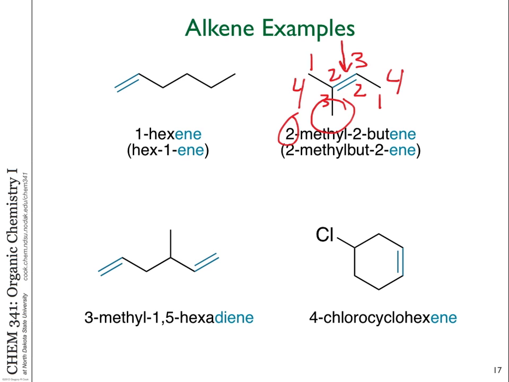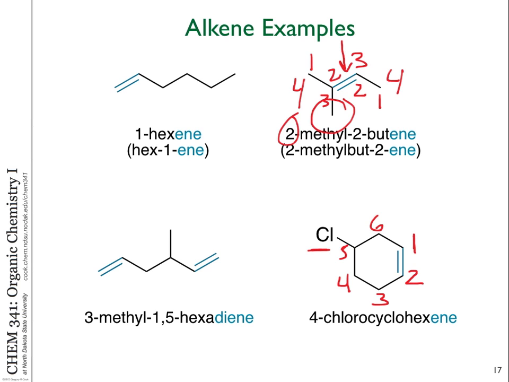Here's a ring on the bottom right, a cyclohexene. There are 6 carbons. The double bond gets preference over chlorine substituents, and so you have to number the ring starting the number 1 carbon from one of the ends of the double bond. So if you number starting from here, the double bond gets preference, you would have to number carbon 2 here, carbon 3 here, carbon 4 here, carbon 5, and 6.